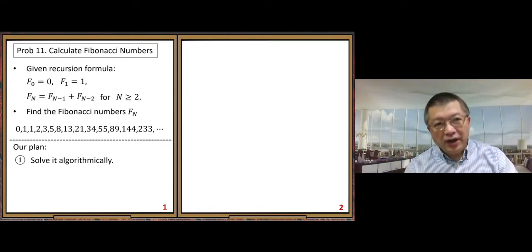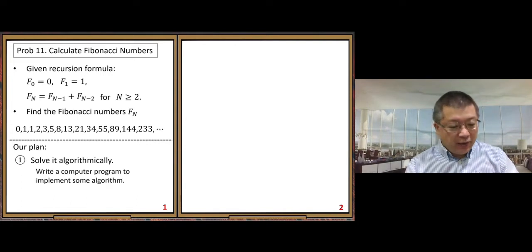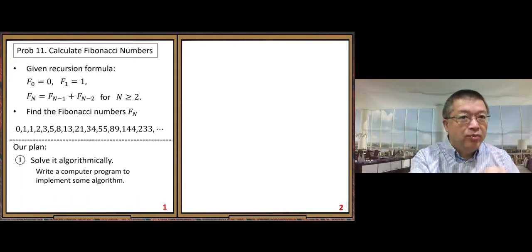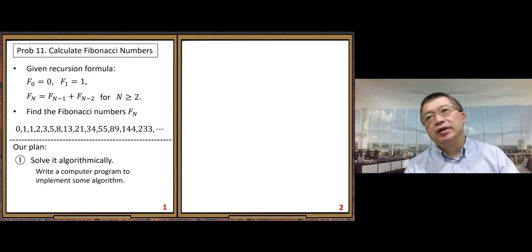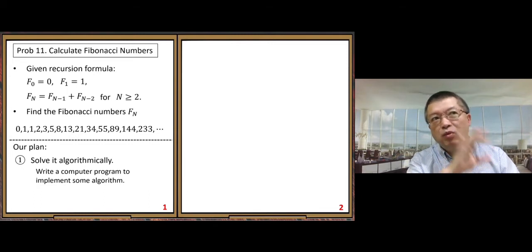First way, we try it. Then we need to write a computer program to implement some ways, different ideas.